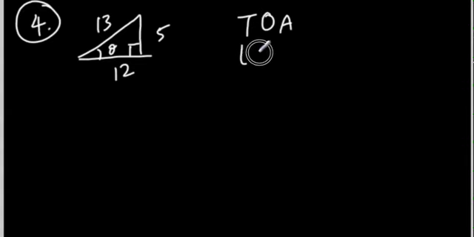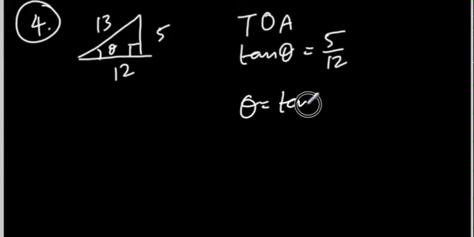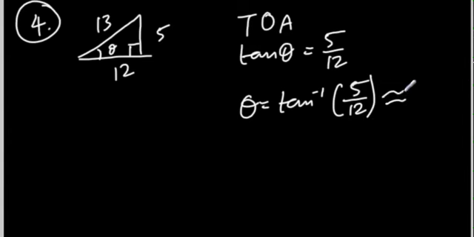So tan theta is equal to 5 over 12, and theta is tan inverse of 5 over 12, which we said is approximately 22.6 degrees.